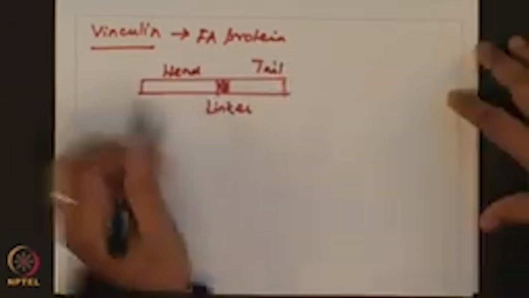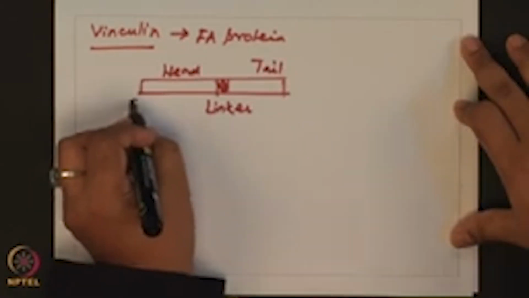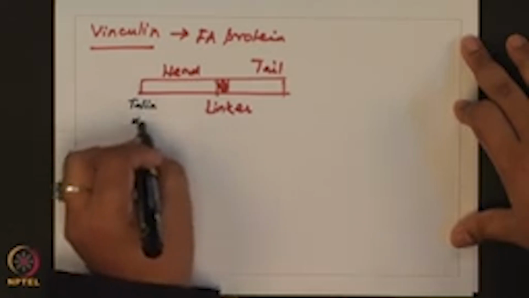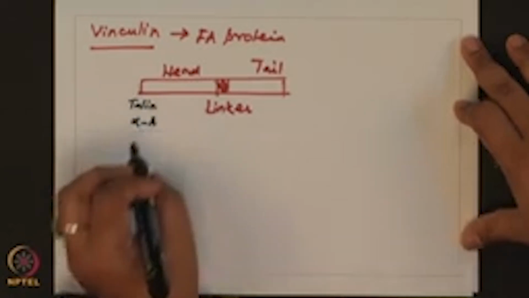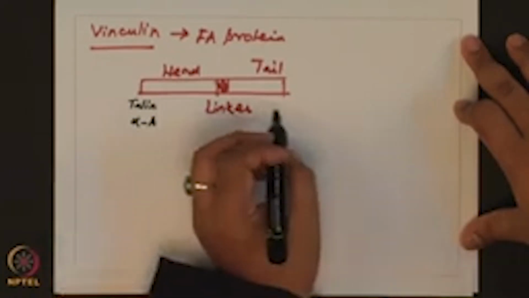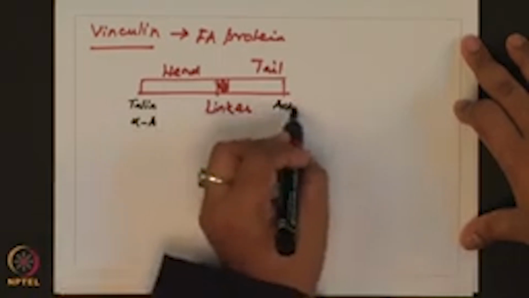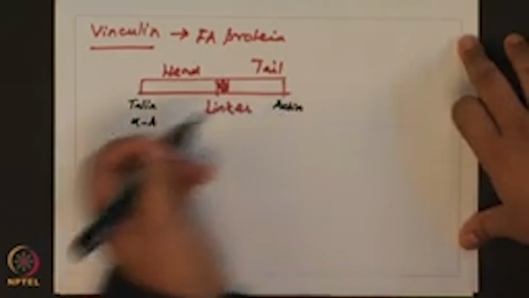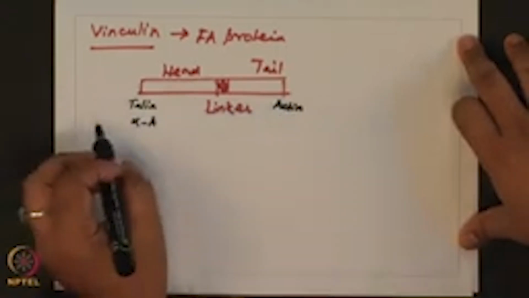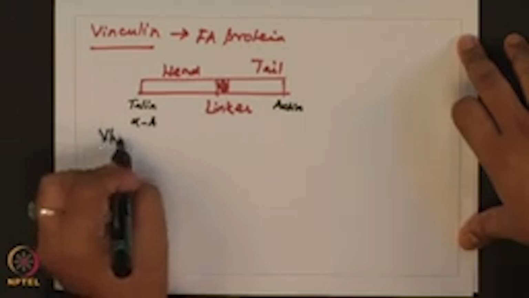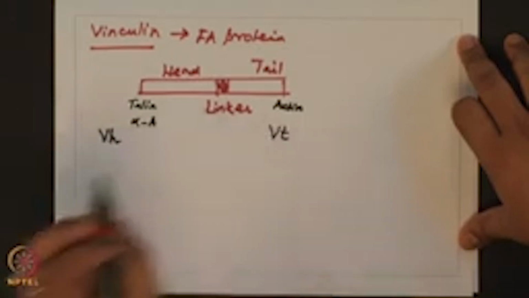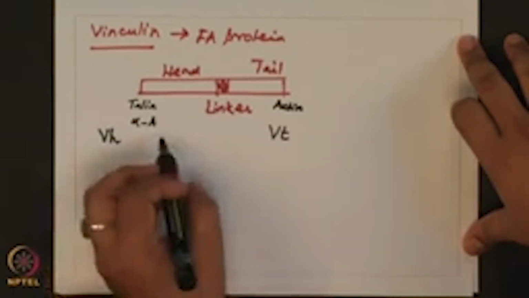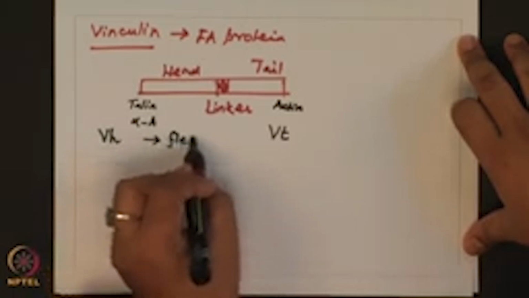In the head domain you have binding partners like talin, alpha actinin, and in the tail domain you have actin as one of the binding partners.